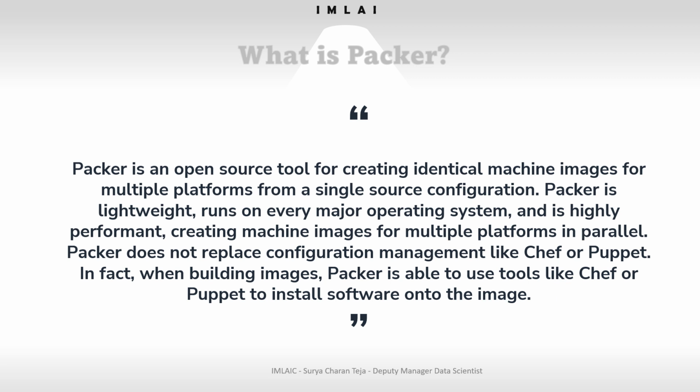Whatever activity you have done, you put it in a template, in a file. We call it a configuration file. It could be in JSON format or in HCL format, which is HashiCorp Configuration Language. You write either of these, and you make that file, which we call the image.